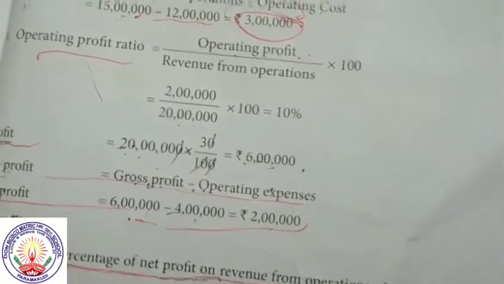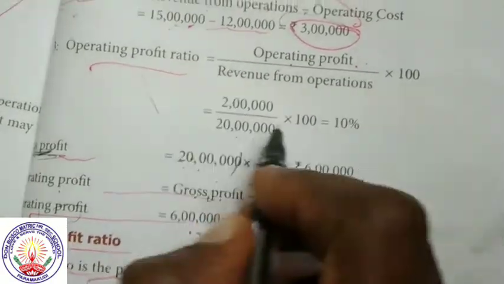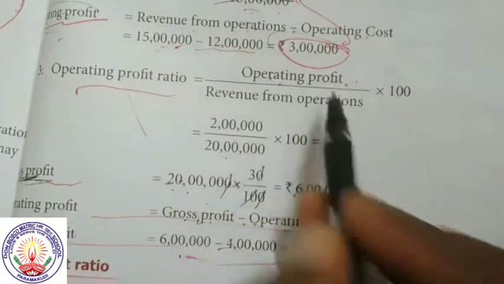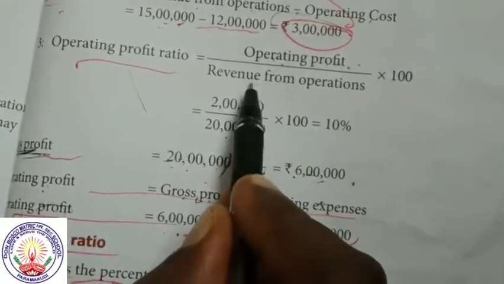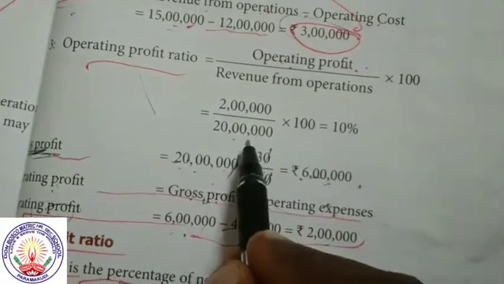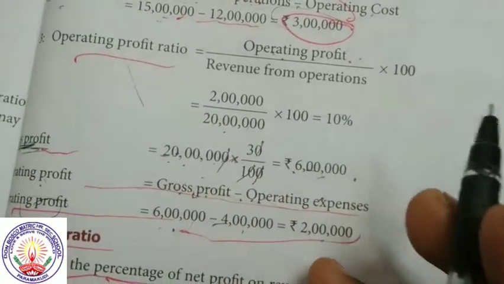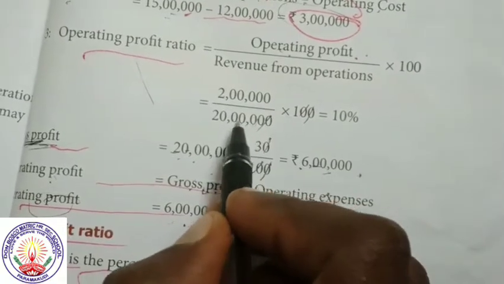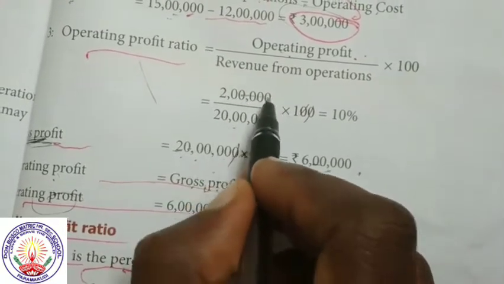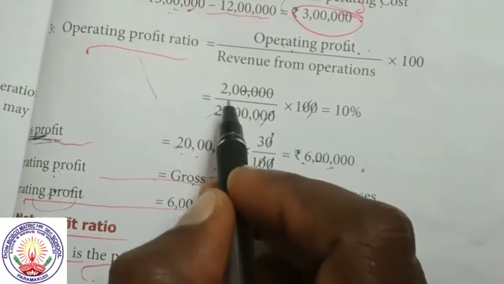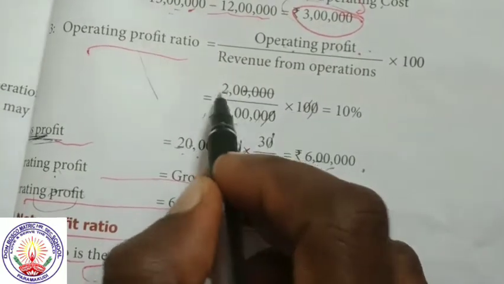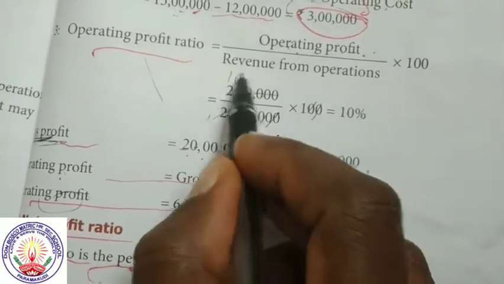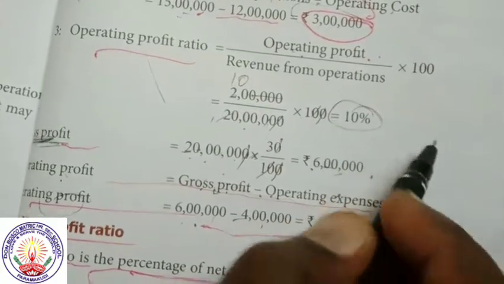This is the operating profit. Now directly apply: operating profit 2 lakhs divided by revenue from operation 20 lakhs into 100. That gives 10%.